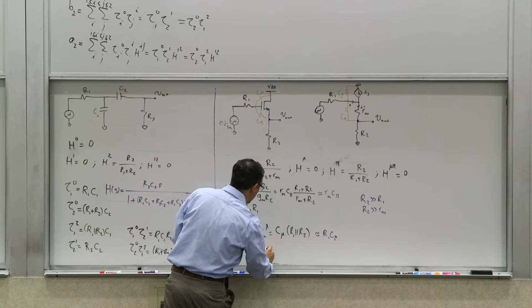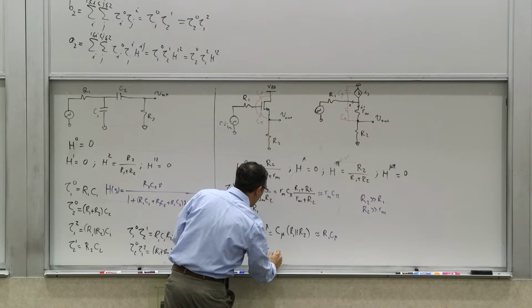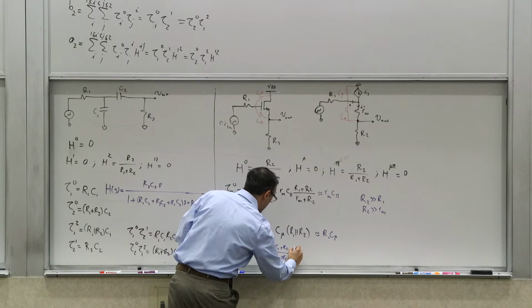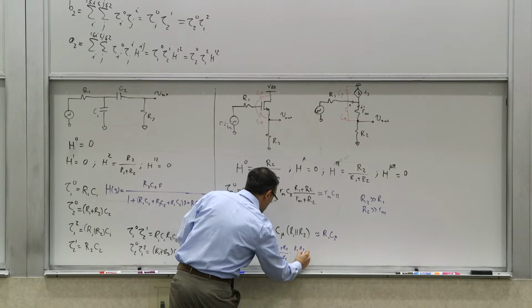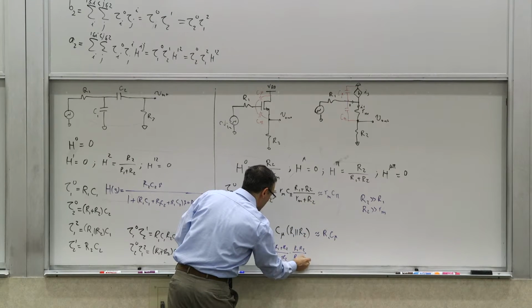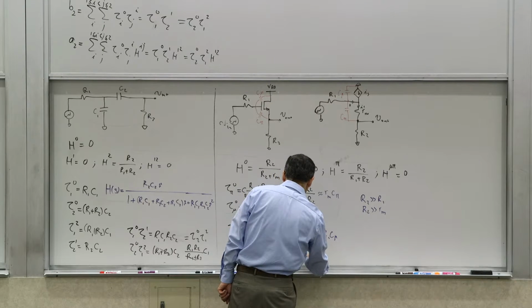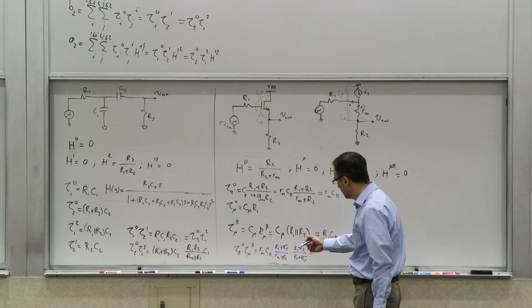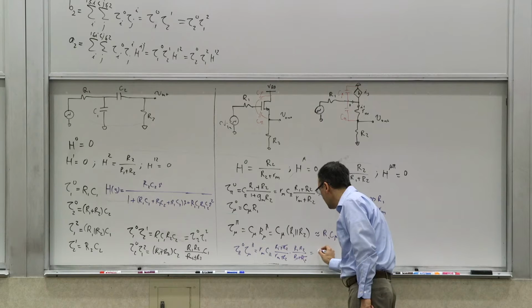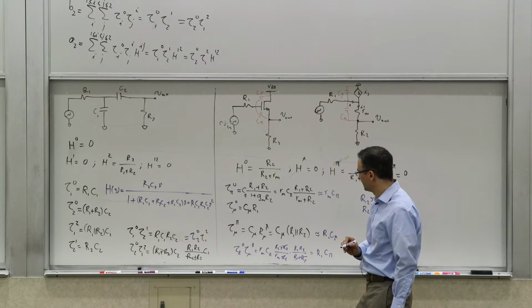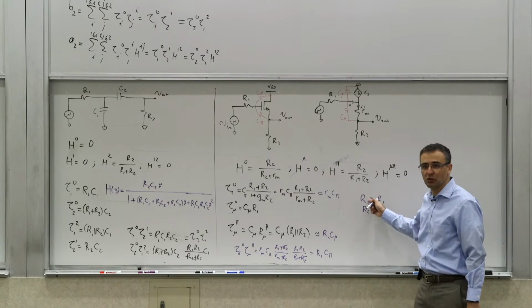You have Rm C pi, R1 plus R2 over Rm plus R2, times R1 R2 over R1 plus R2 from this term. These guys cancel. So you will be left with R2 that will cancel. So we'll end up with an R1 C pi if these two conditions hold.